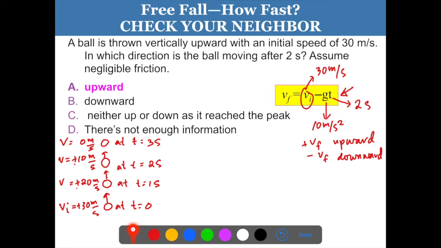And after another second, the speed has decreased by another 10 meters per second. So at 3 seconds, the ball now has a speed of 0 meters per second. So it stops momentarily. And then the ball starts to go down.